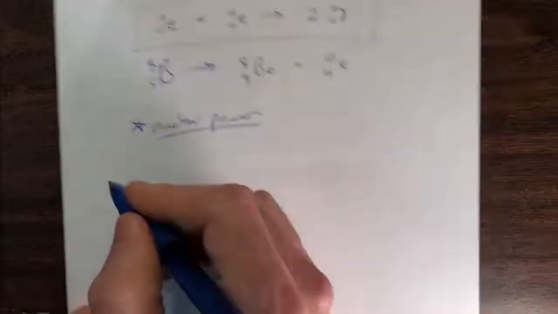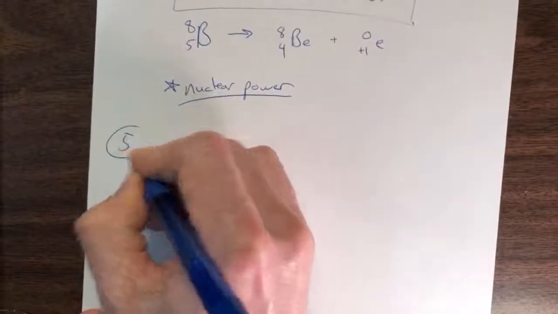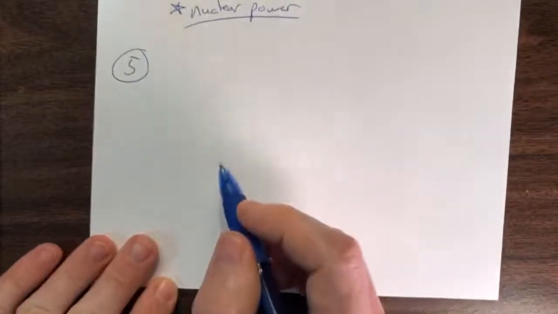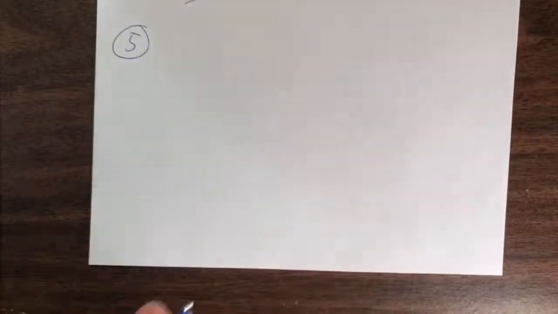Number 5 says, we have a typical colored television. It draws 2.5 amps, and I'm thinking that colored television is not your current televisions, but more like one of those old-timey ones, because I think this book was written back in the day.